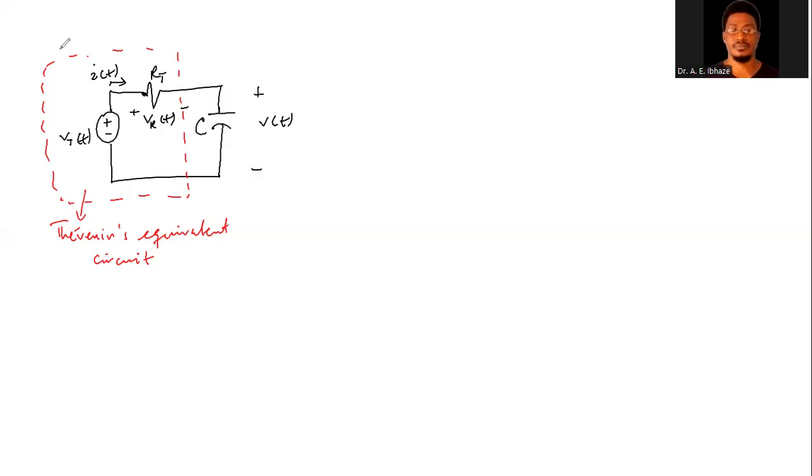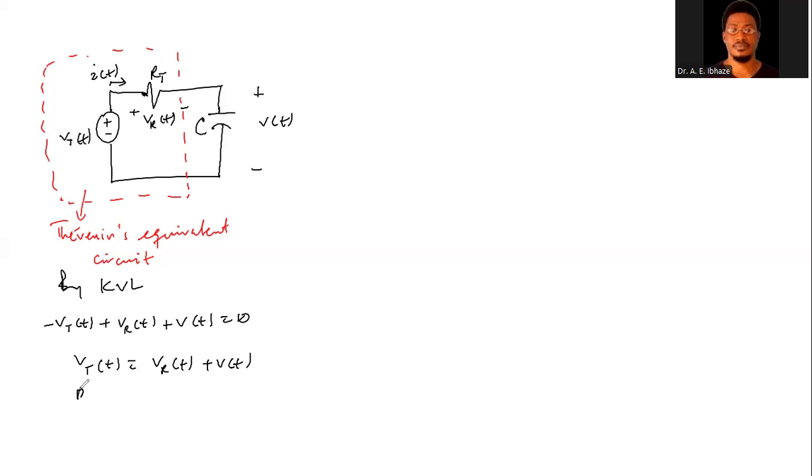Okay. So the first thing to do here, since we have series connection, we can apply Kirchhoff's voltage law. So by Kirchhoff's voltage law, we have negative VT of T plus VR of T plus V of T is the same as 0, where VT of T is the same as VR of T plus V of T. Okay?